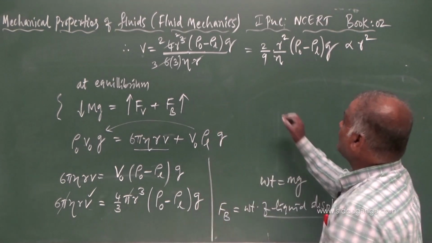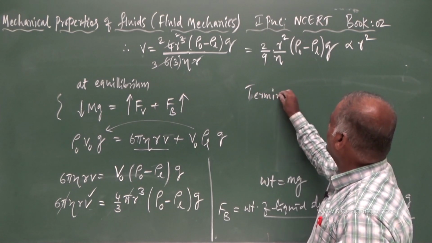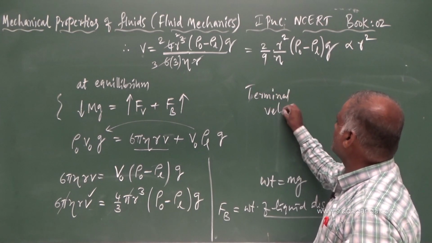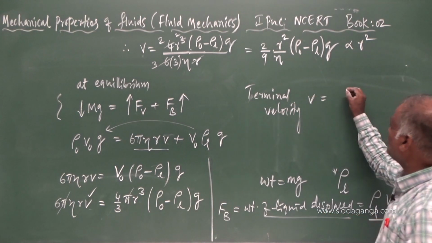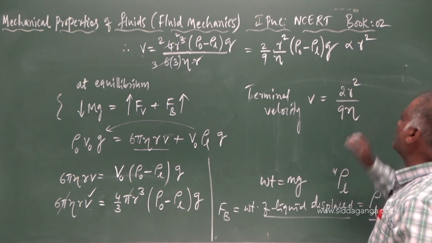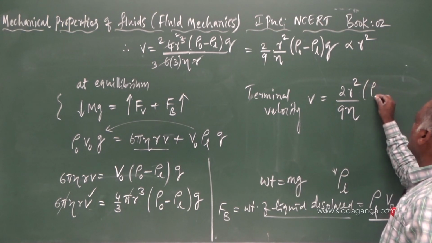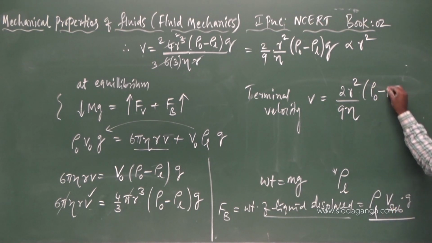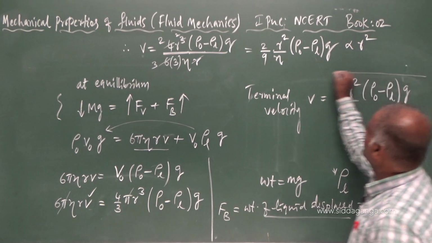So, a very standard formula, terminal velocity v is equal to, you have to remember, 2r square by 9 eta, into bracket rho naught minus rho L, into g.